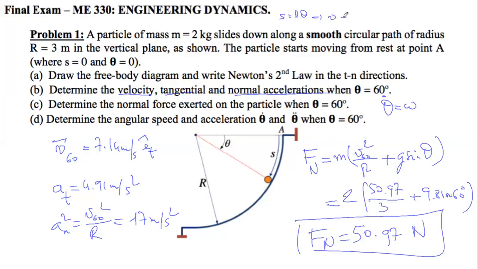That means that v is equal to r theta dot, meaning theta dot, which is omega, the angular speed in magnitude, is v60 divided by r. So omega, which is theta dot, will be equal to v60, 7.14, divided by r. How much is r? 3. And this gives you 2.38 radian per second. And this is theta dot.